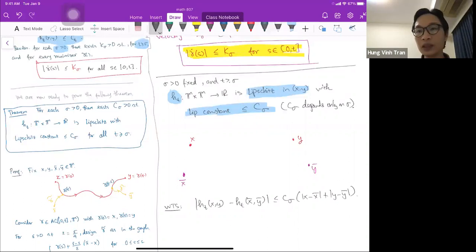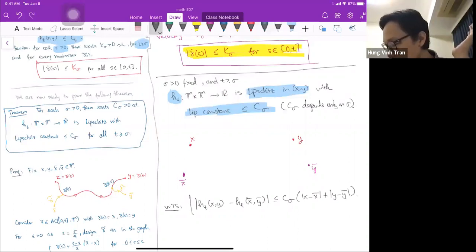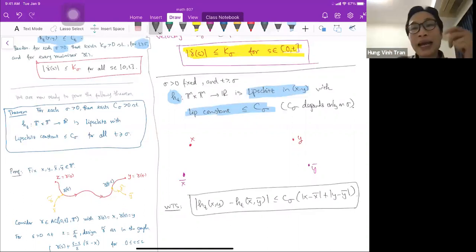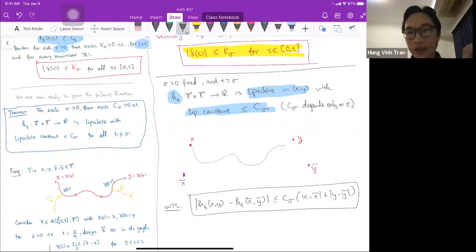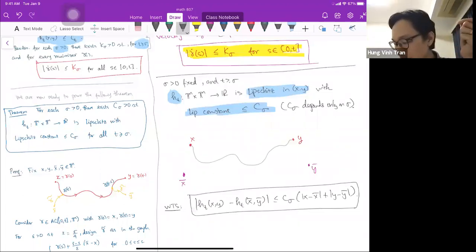Okay, so that's our goal. Again, I'm writing down precisely what we need to show first, before getting into the details. A natural way is essentially to compare things. Going from x to y, for example, you can go in a certain curve like this, and then you are going to use the fact that you can use this given curve.